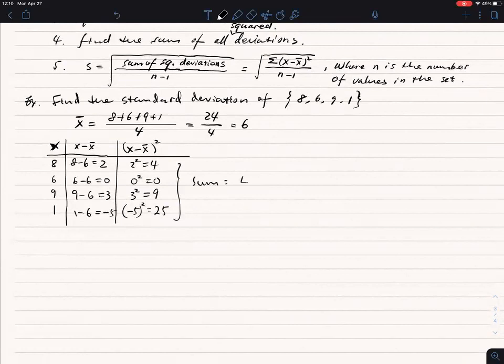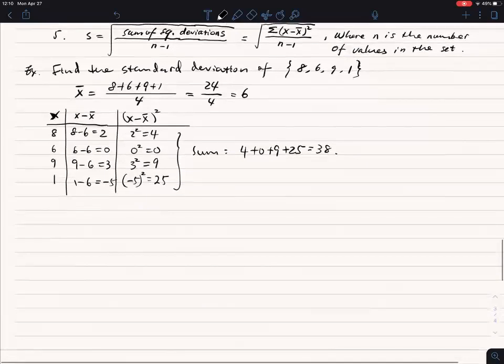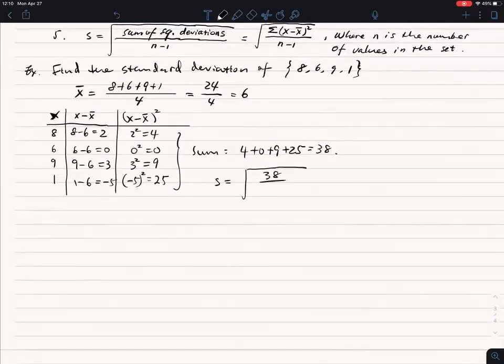The sum here is 4 plus 0 plus 9 plus 25, which is 38. So now what is our standard deviation? It's going to be the square root of 38 divided by how many data values do we have there? 4, right? But we don't divide by 4 since this is a sample. We subtract 1, so divide by 3. So this is the square root of 38 divided by 3.